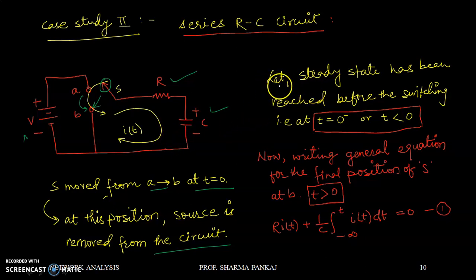Let us consider steady state has been reached before the switching, that is, at t is equal to 0 minus steady state has been achieved. At t is equal to 0, switching was done.